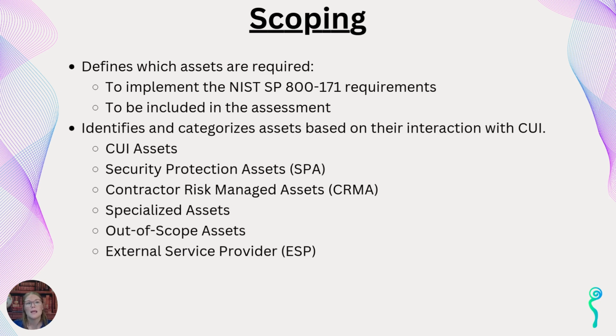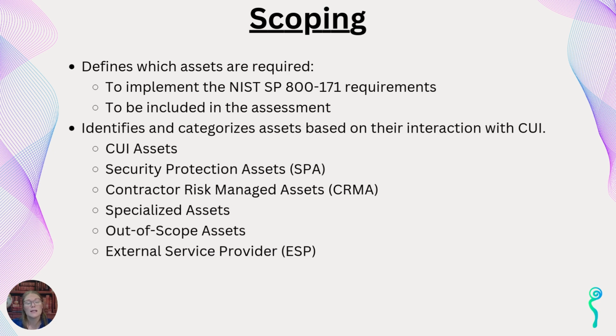A CRMA is a contractor risk managed asset. These assets can store, process, or transmit CUI information, but are not intended to due to company policy, procedure, or practice in place.